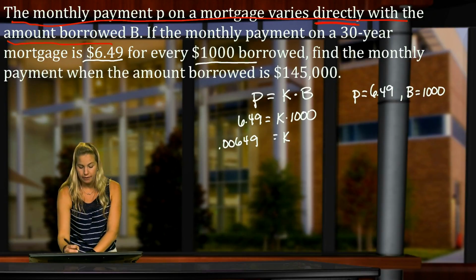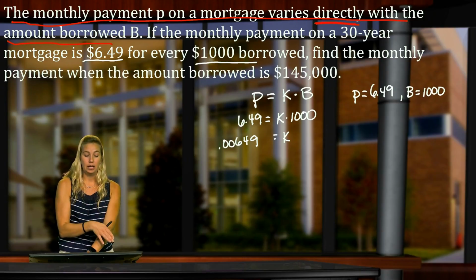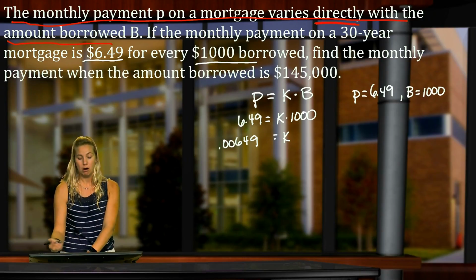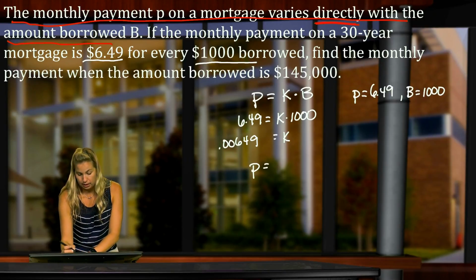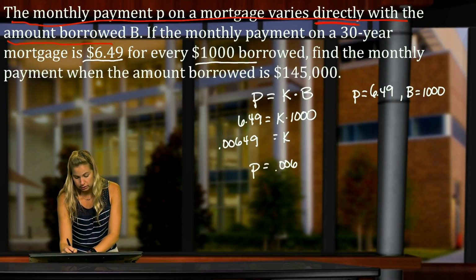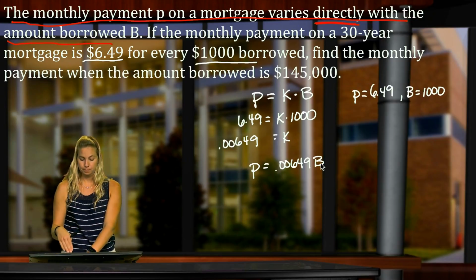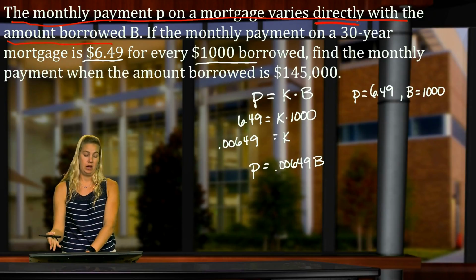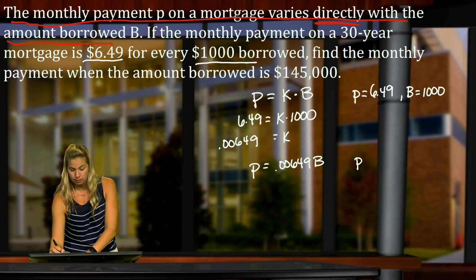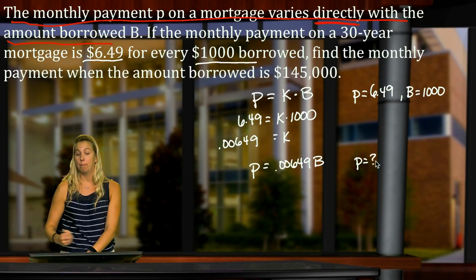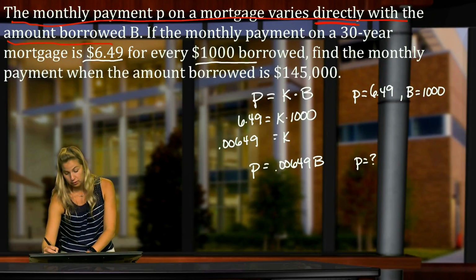So now we actually have an equation that relates the monthly payment to the amount borrowed. The monthly payment is equal to 0.00649 times the amount borrowed. We can use this now to answer the question asking us to find what's the monthly payment when the amount borrowed is $145,000.